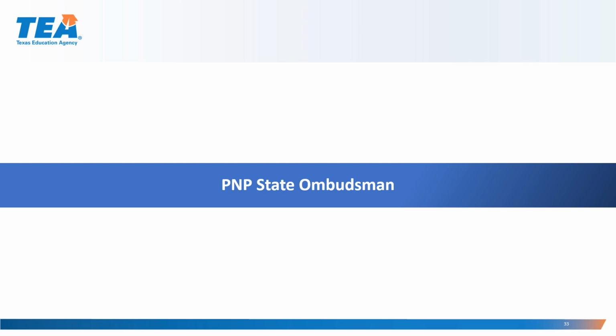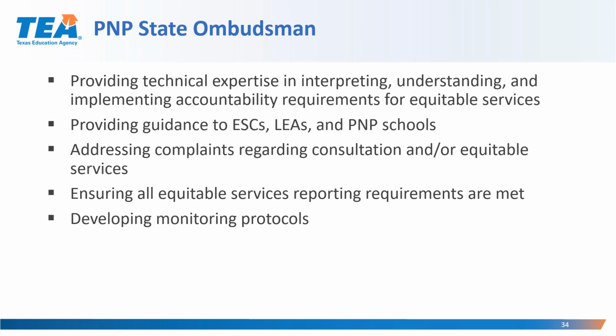PNP State Ombudsman. Texas has designated an ombudsman to monitor and enforce equitable service requirements under Title I Part A and Title VIII of ESSA. The ombudsman serves as the state's primary point of contact for addressing questions and concerns from private school officials and local districts.